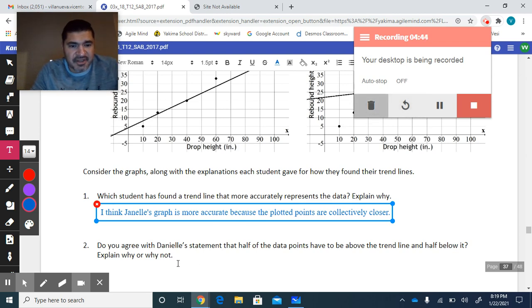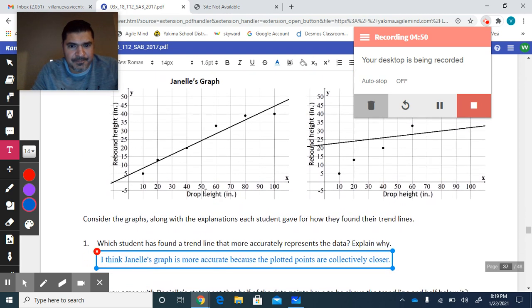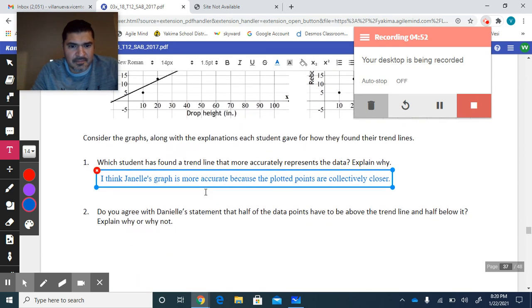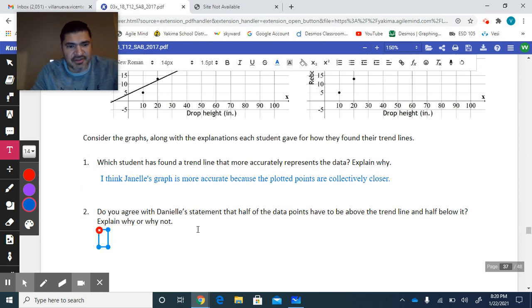Okay, so I'm not agreeing with Danielle's statement here. Because I think Janelle's trend line is much more accurate. So I'm going to go ahead and type that in.